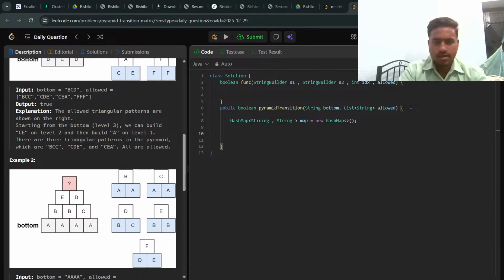And here what we can do is a for loop over allowed, up to its length or size. This is the string.